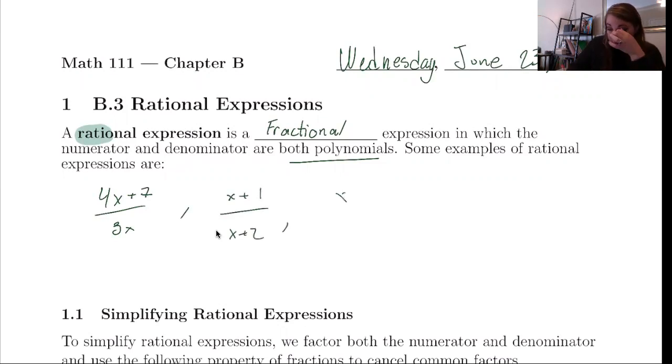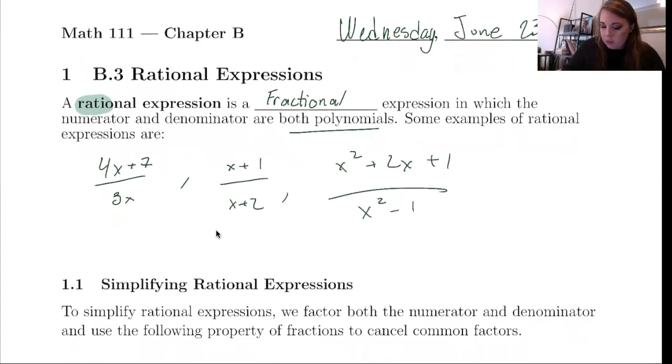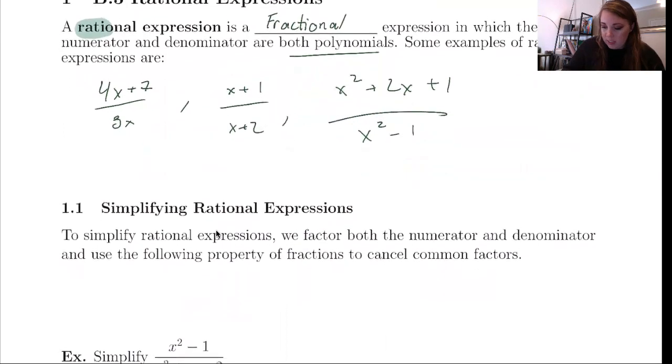And then I can go farther, like x squared plus 2x plus 1 over x squared minus 1, something like that, right? The reason that we're talking about rational expressions is so that we can simplify them.